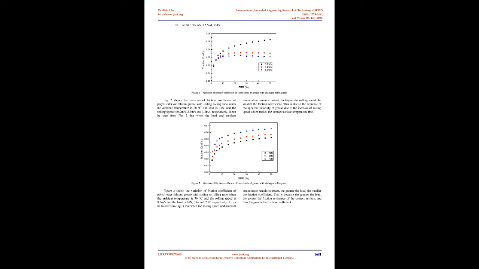Working condition setting. The contact load is represented by W, the test temperature is represented by T, and the rotational speed U equals U1 plus U2, where U1 and U2 respectively represent the rotational speed of the contact point of the ball and disc. Experimental process. Install the test ball and disc, evenly spread the grease on the disc, and put on the polyester device.